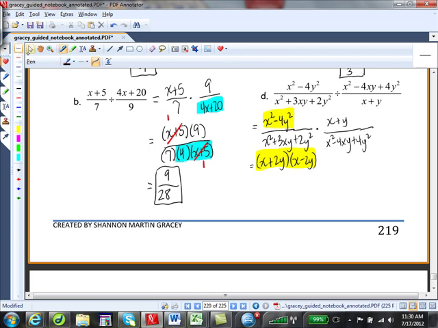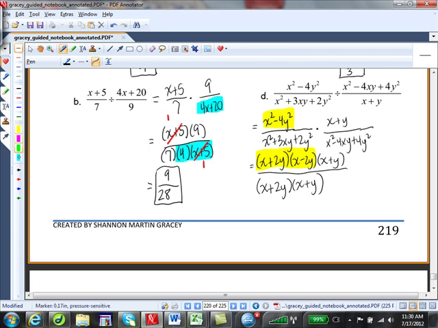Our next numerator is x plus y. It's already prime. The first denominator will factor as x plus 2y times x plus y. That will give us a sum of 3xy in the middle.